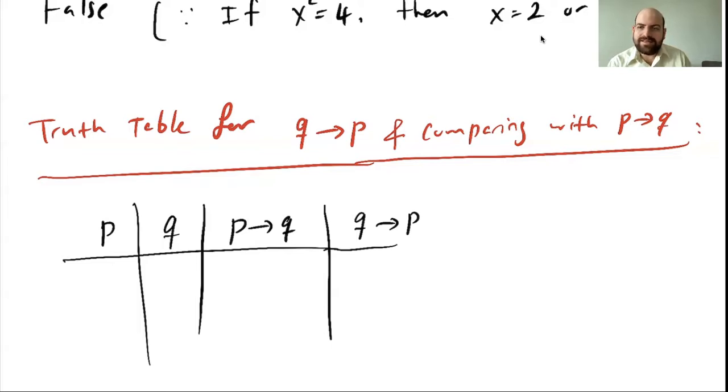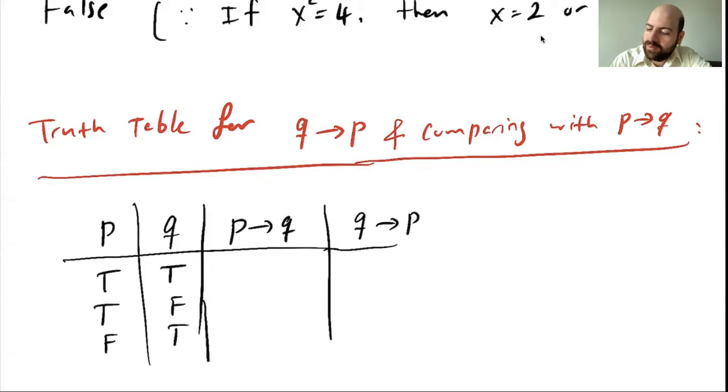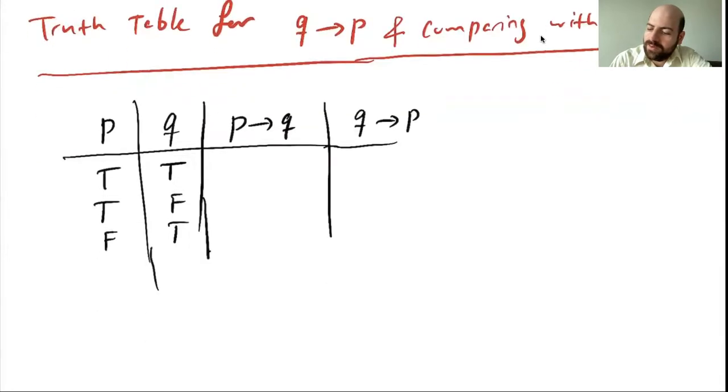So in this sense, they are not equivalent. Now I want to verify this with the table. For the table, we have to include all the possibilities. So P is true and Q is also true, or P is true, Q is false, or P is false, Q is true, and both of them are false.